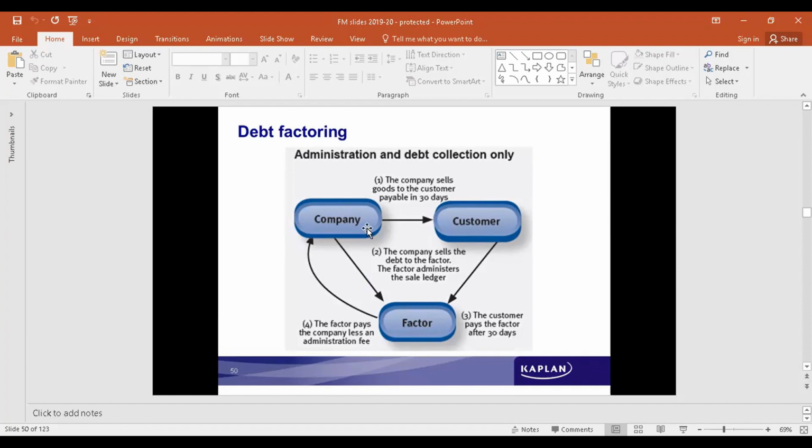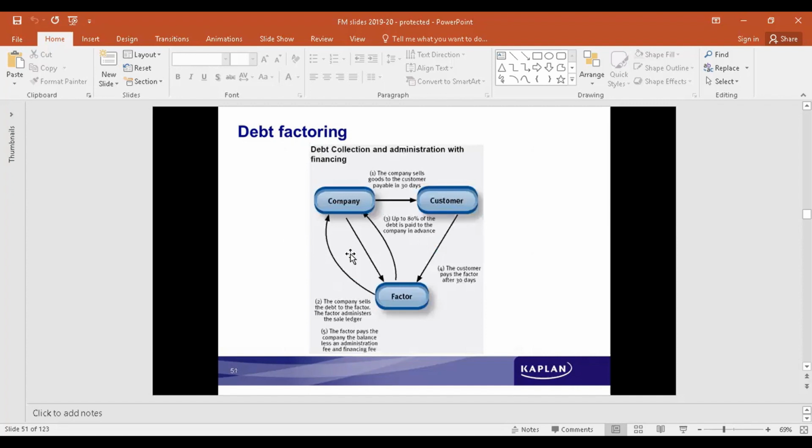As of now, around 80% of the amount would be paid by the factor to the company. The balance of 20%, which the factor has already collected from the customer, will be remitted by the factor after deducting his interest and any other administration charges. So this concept is debt factoring.